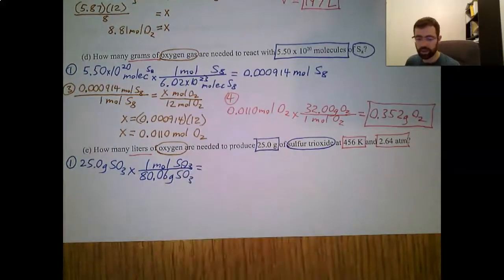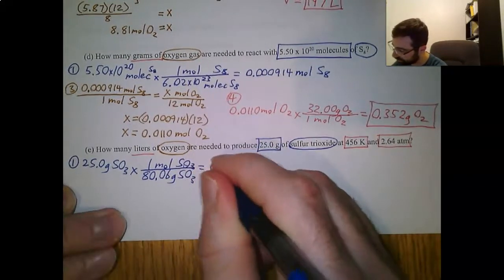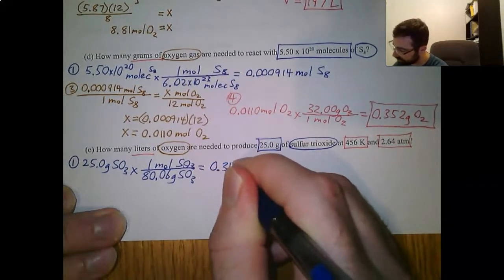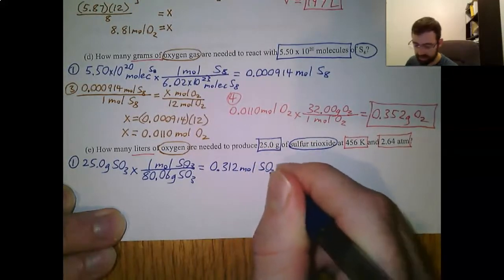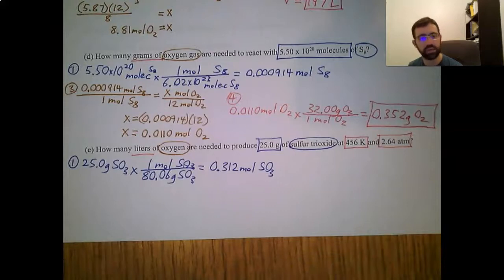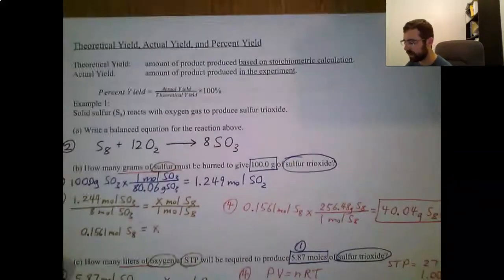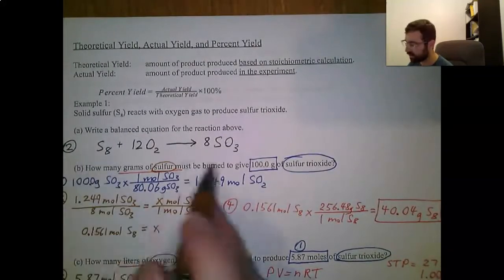Okay, punch that in your calculator. You're going to get 0.312 moles of SO3. That's step 1. I've got moles now. Now I can plug it into an equation. Don't forget, step 2, you got to have a balanced equation. We already have that.